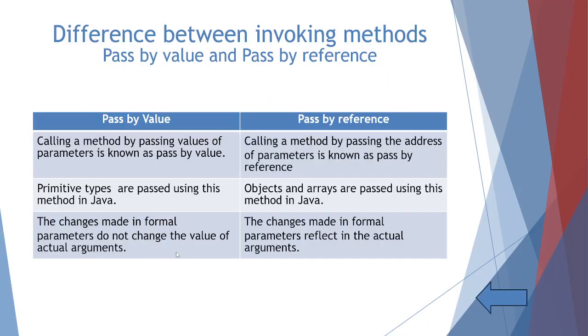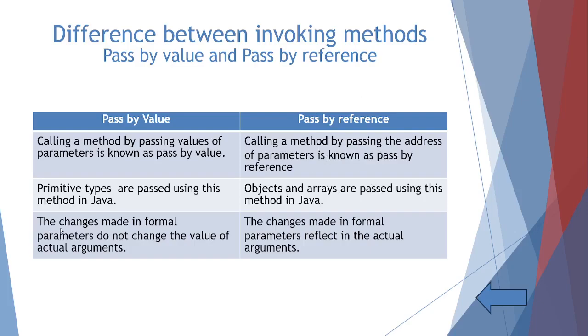Let's see the differences. Pass by value, pass by reference. Calling a method by passing values of parameters is known as pass by value. Copy we are sending. Calling a method by passing the address of parameters is known as pass by reference. Primitive data types are passed using pass by value in Java, and objects and arrays are passed using pass by reference.